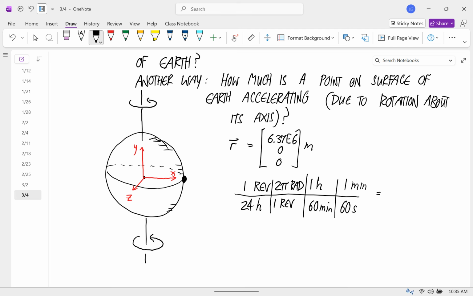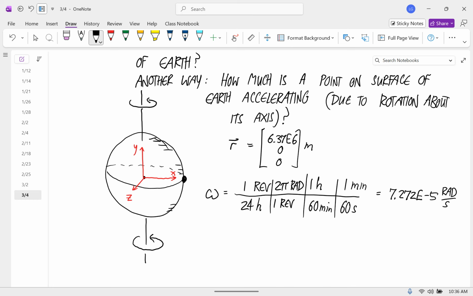And so this angular velocity is 2 times pi divided by 24 divided by 60 divided by 60. And so you get 7.272 times 10 to the minus 5 radians per second.